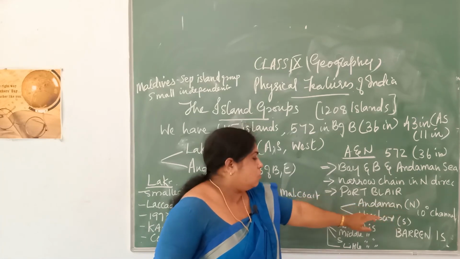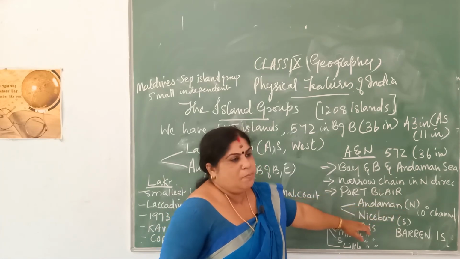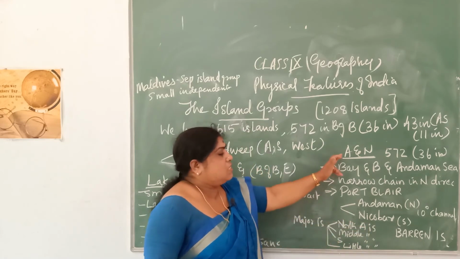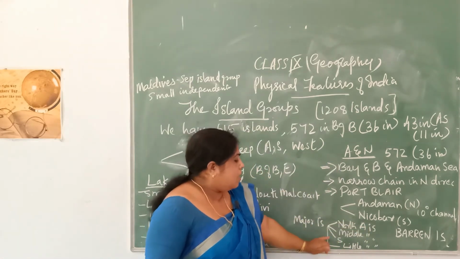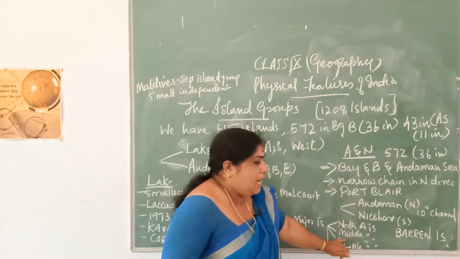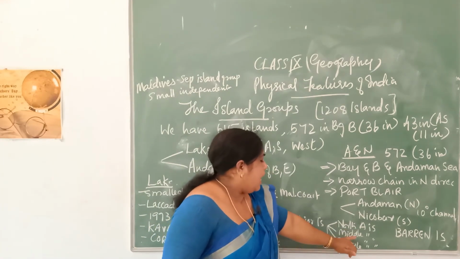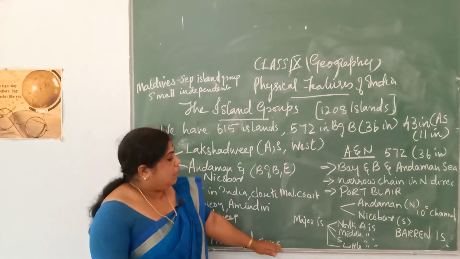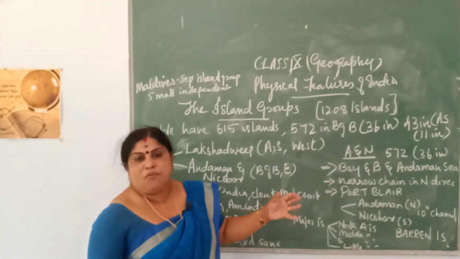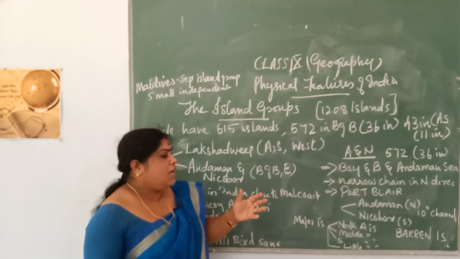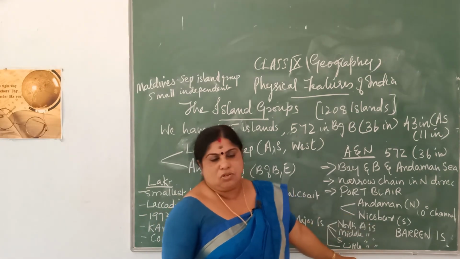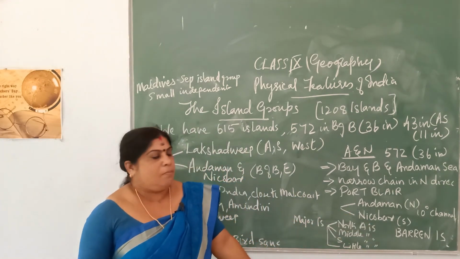So this latitude separates the Andaman and Nicobar Islands. The major islands in Andaman and Nicobar are North Andaman Island, Middle Andaman Island, South Andaman Island and Little Andaman Island. You can also see a number of volcanoes here. India's active volcano, Barren Island, is also found in the Andaman and Nicobar Islands.